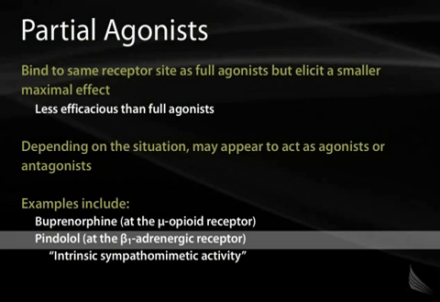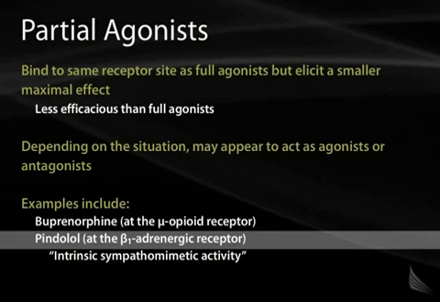What I mean by the situation is that for a given receptor R, if there's a lot of agonist A around that can all bind to the receptor, then if you add a partial agonist here, it's getting in the way of the agonist binding the receptor.